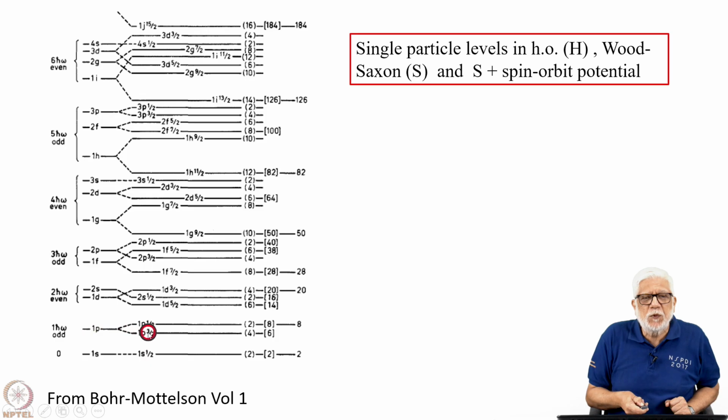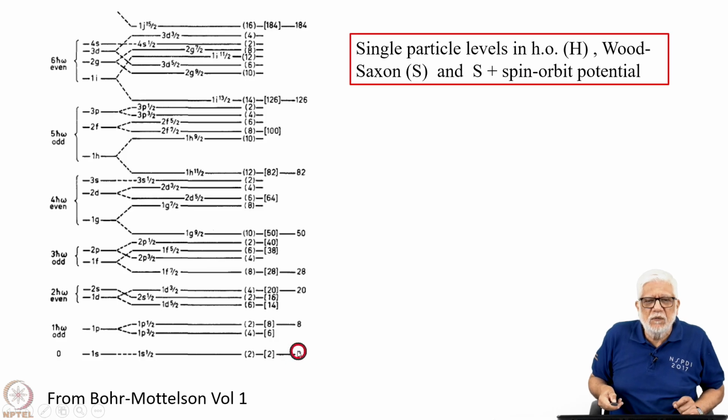So the 1p state splits into 1p 3/2, 1p 1/2, and if you tune this spin orbit coupling magnitude, then indeed you can get the right magic numbers. So you get magic numbers for Z equal to 2 or N also separately equal to 2, 8, 20, 28, 50, 82, 126 and so on. So for instance, if the neutron number is any one of these numbers, then those nuclei have slightly more binding energy than their neighbors.